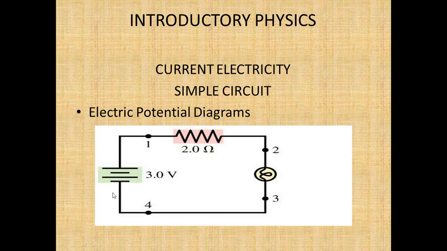The potential difference is 3 volts, but the high potential terminal is at 3 volts and the low potential terminal is at 0. And then you may have other circuit elements in the circuit. So you have to remember what the voltage is.